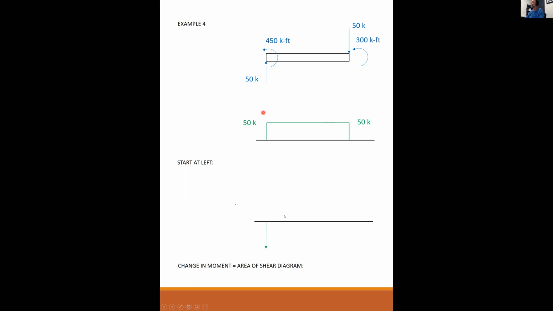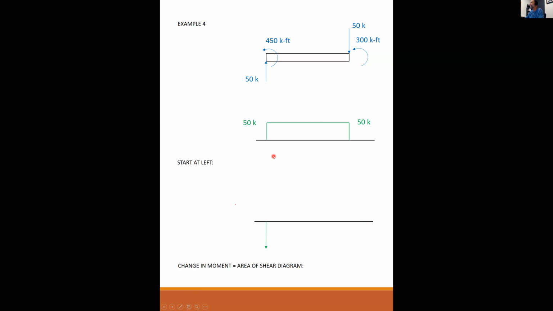If I had assumed that the moment was positive, and then the change in moment is equal to the shear, I would have gotten a moment that grew to be very large. And then at the end here, I would have put another 300 kip feet on it and made it even bigger, and it would not have closed the loop. So that's how you know that was the wrong assumption.